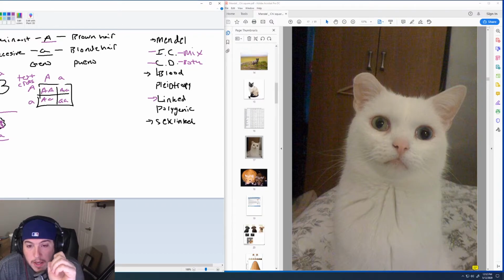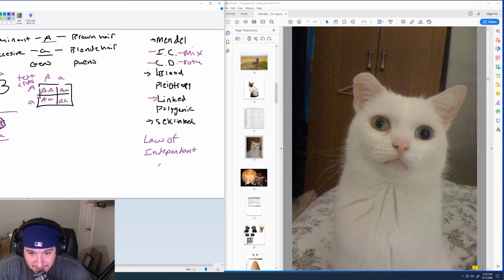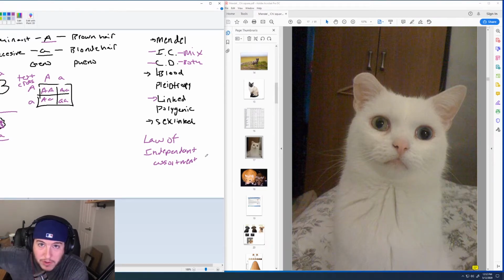And Mendel had what's called the law of independent assortment, the longest thing that I have to write with a mouse. What the law of independent assortment states is that one trait will be passed on separate from every other trait.